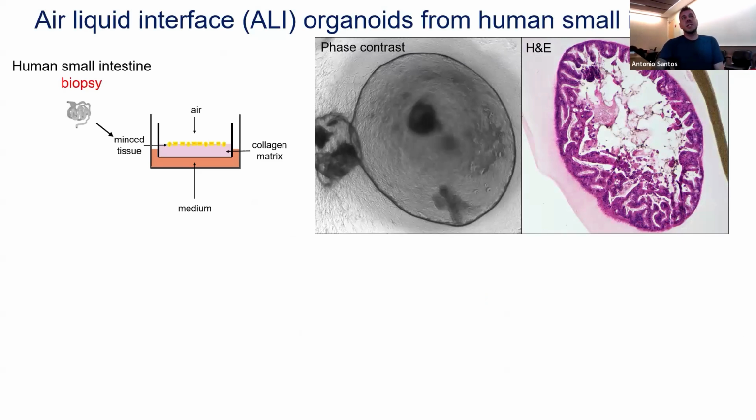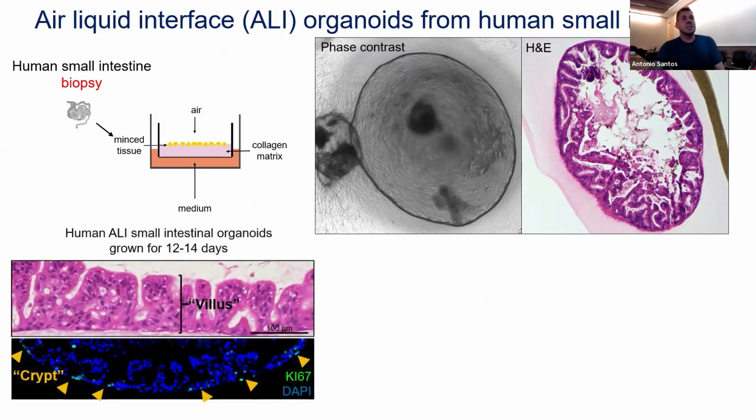So this is how the small intestinal organoids that I grow here in the lab using this ALI, or air-liquid interface, look like. And very interestingly, even just cultivating them for 2 weeks or less, they form spontaneous protrusions, the villi that I was mentioning before.